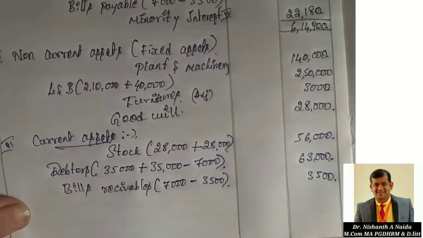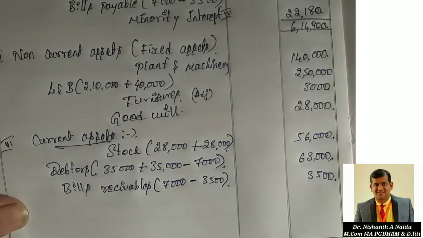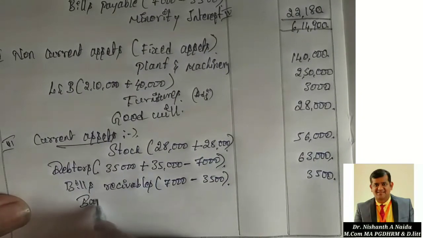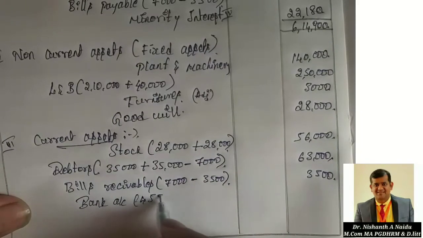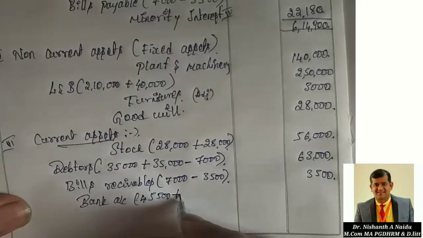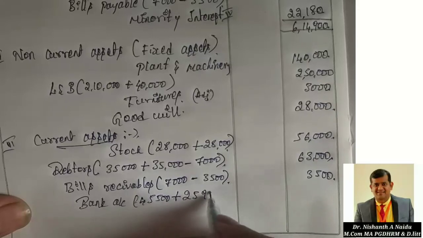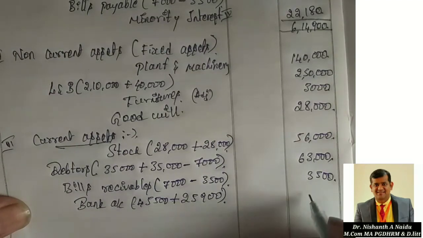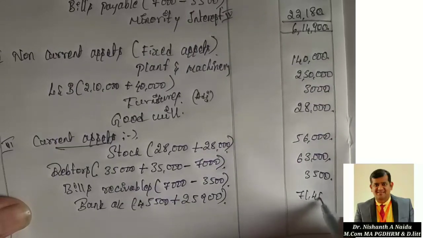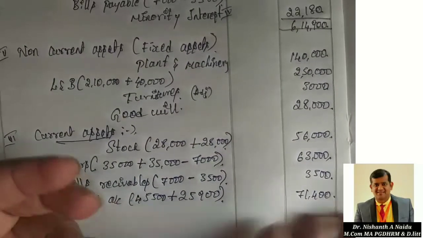So you will get 3,500. Next, check bank account: 45,500 plus 25,900, P company and Q company. Total, put it to the outer column, 71,400. I believe I have considered all the items.